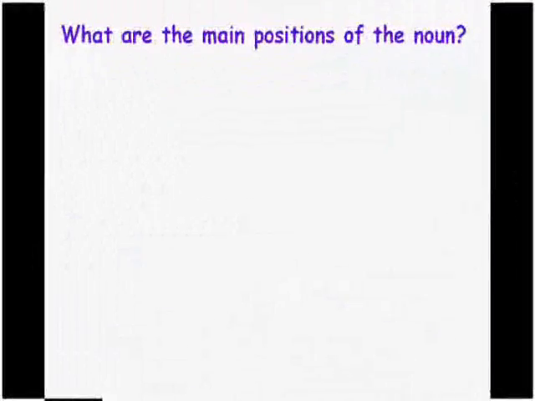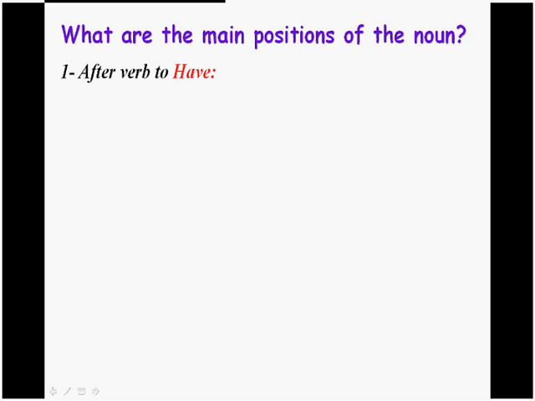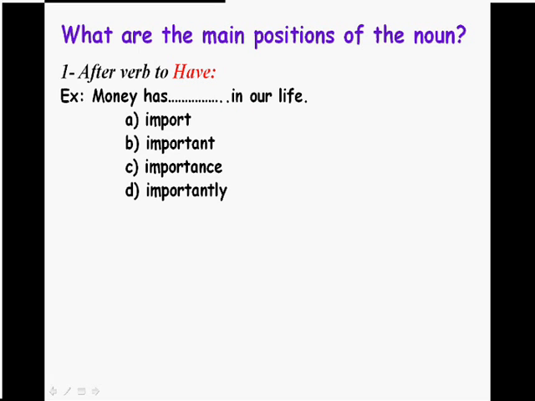Okay, so now, what are the main positions of the noun? Where should or where could I put a noun in the sentence? Number one, after the verb to have. And the example we have here is: money has blank in our life.